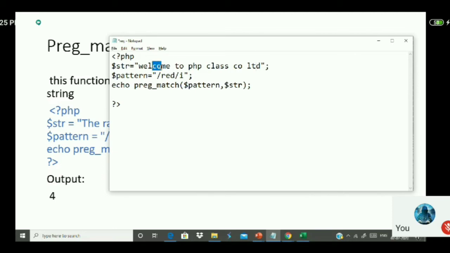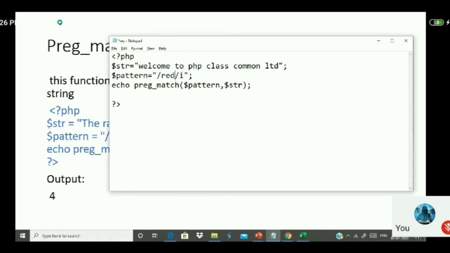CO appears here and CO appears here. I have CO and CO here. In this case, I should have a match for 2 patterns. The first pattern appears in this location and then another pattern appears in this location.